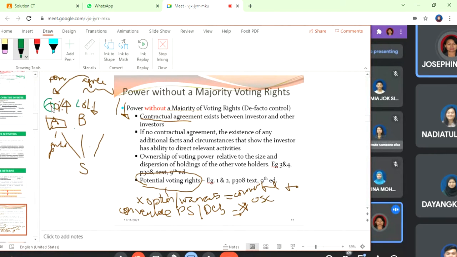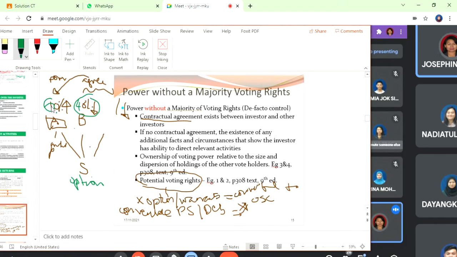Investor E has the option to acquire half of the voting rights held by the other investor.